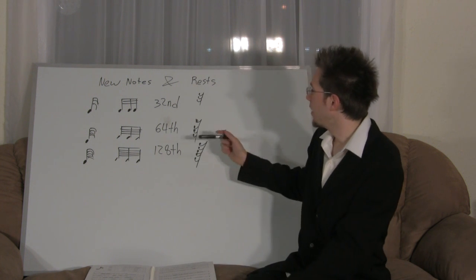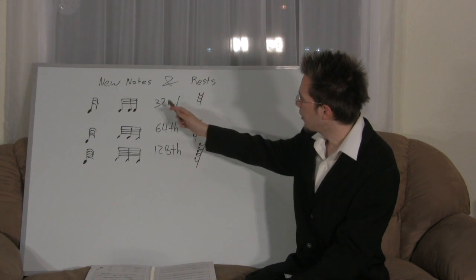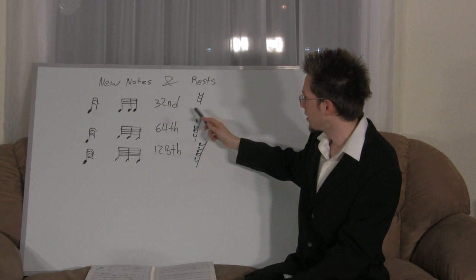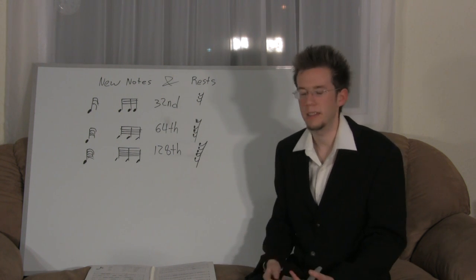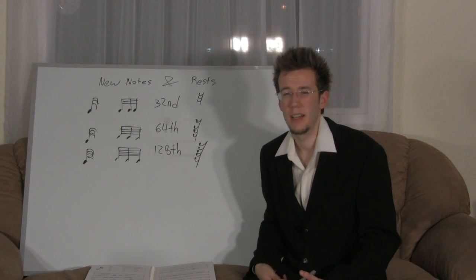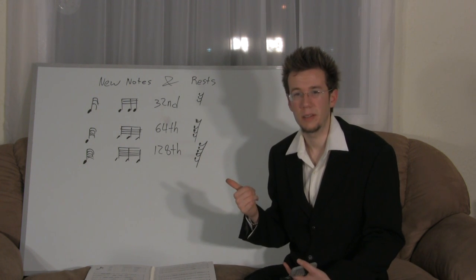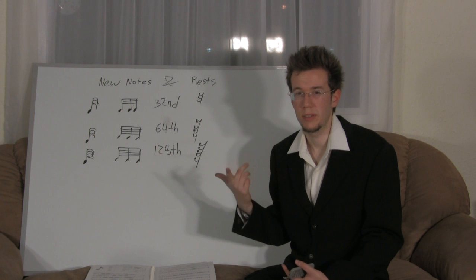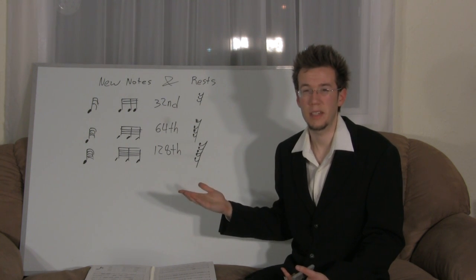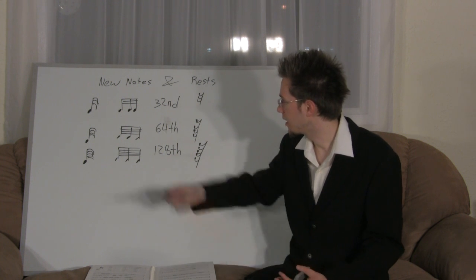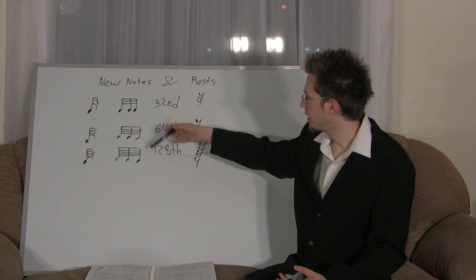But anyway, now we have notes and rests. Rests look basically the same. What's so easy about this is if you know how to draw a 16th note or a 16th rest, or even an 8th note or an 8th rest, it's pretty much exactly the same. The only thing you're doing is adding another tail or another bar.